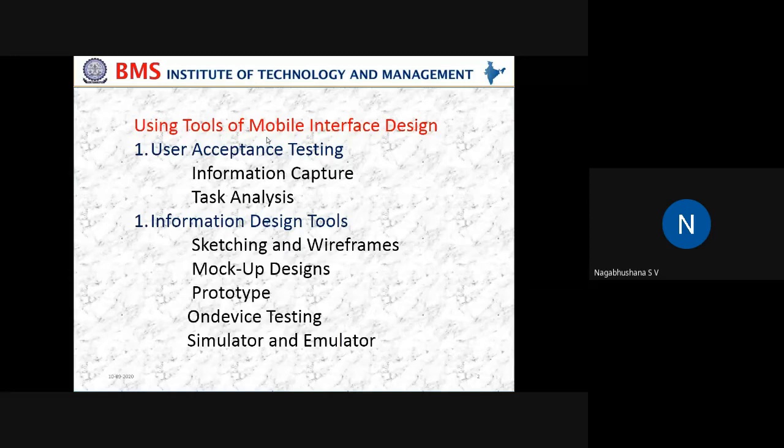It gives you the information about the shapes, the font color and size, similarly foreground and background color and size, and the contents, where they have to be placed, labels and other things. So this is about the mockup designs.